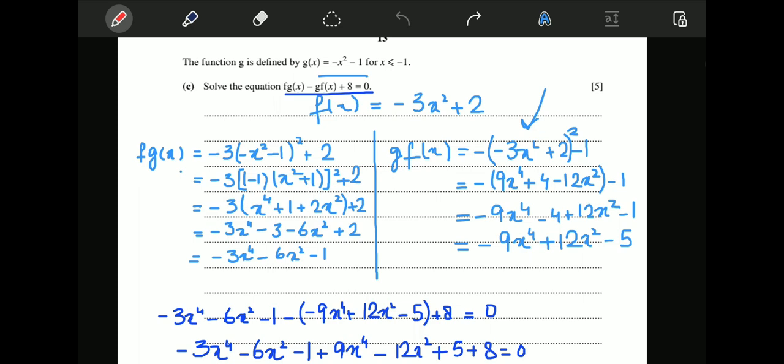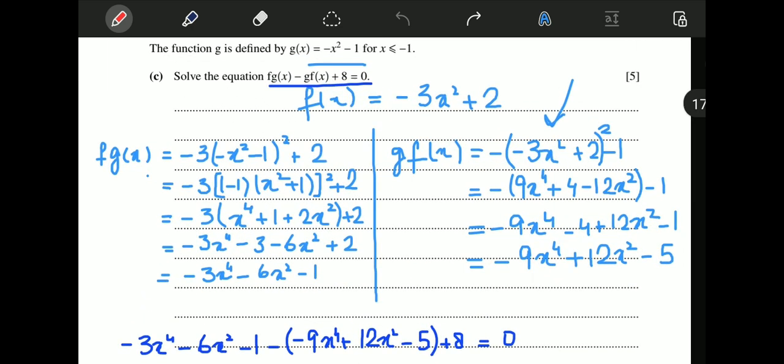So minus 3 times, we know that f of x was minus 3x squared plus 2, so we'll substitute the x value. That is going to be minus x squared plus minus 1 whole square plus 2, and so solve this all.